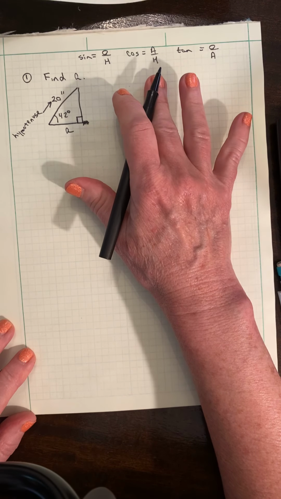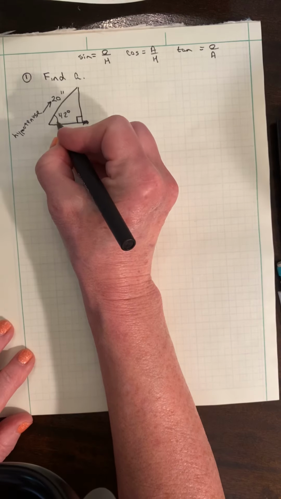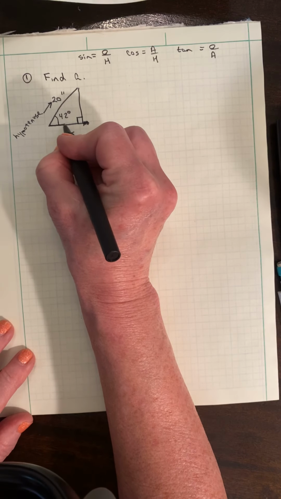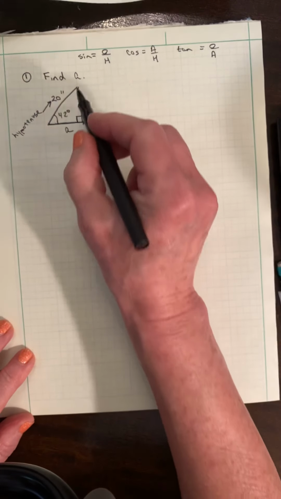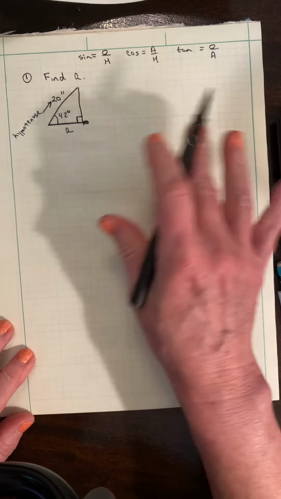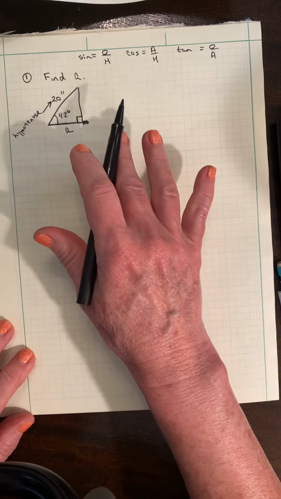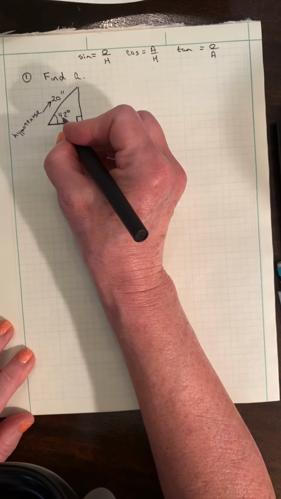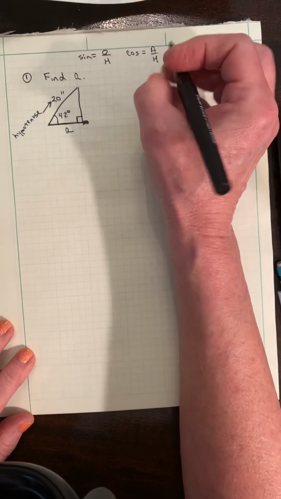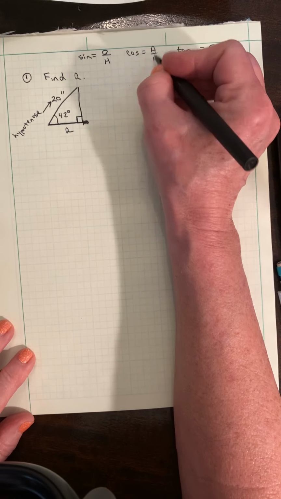Now, let's see what else we know. We know the angle is 42 degrees and the side touching it is A, and that's what we want to know. We don't know anything about this side. It's not marked with a number or a variable. So we're looking at the adjacent side of 42 degrees and the hypotenuse. So we want to use cosine.